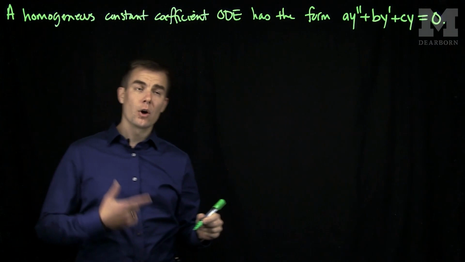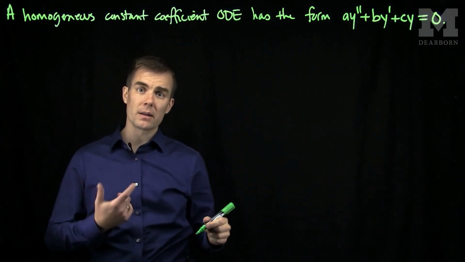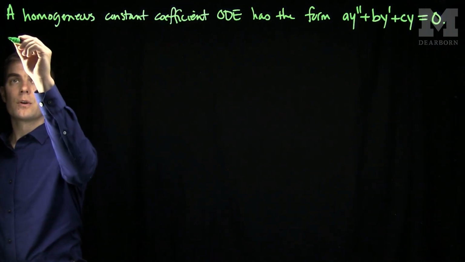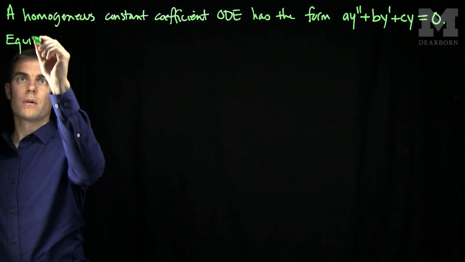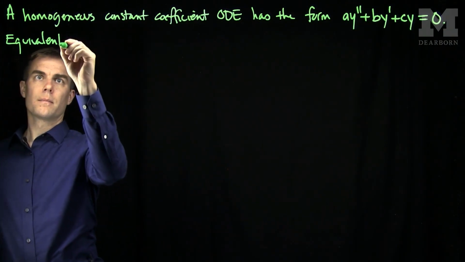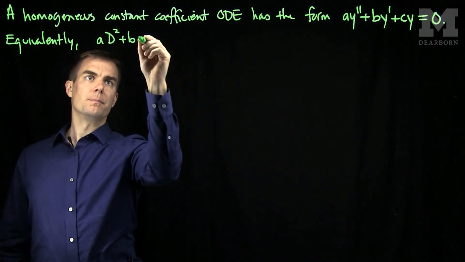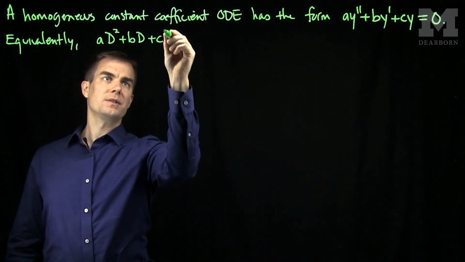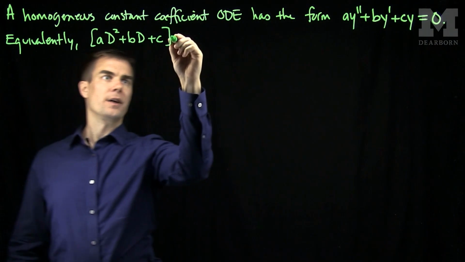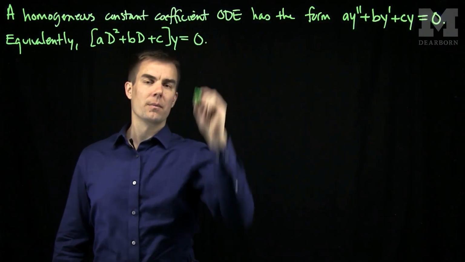And in our last video we discussed how to write this symbolically with differential operators. Equivalently, a D squared plus b D plus c applied to y is 0.